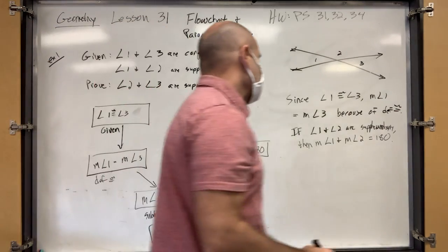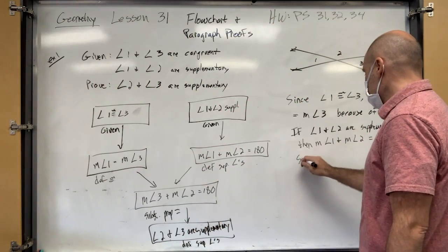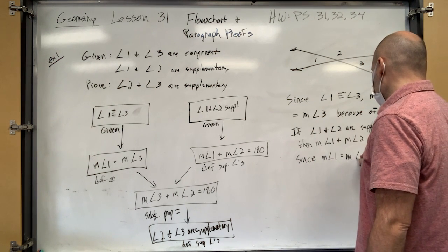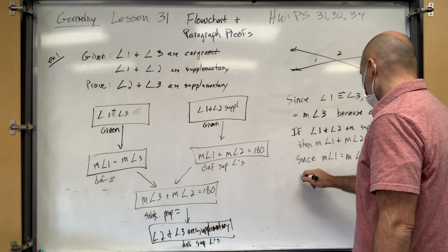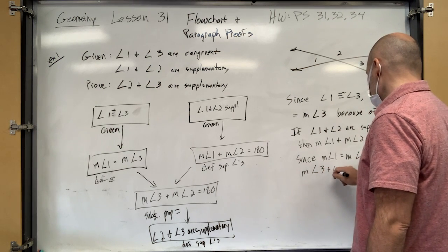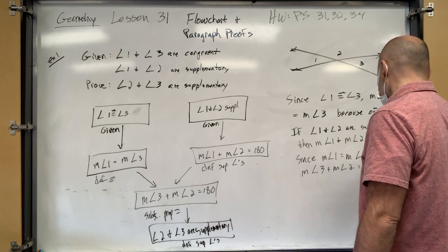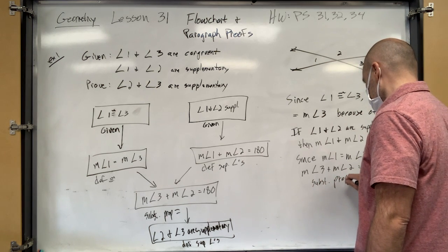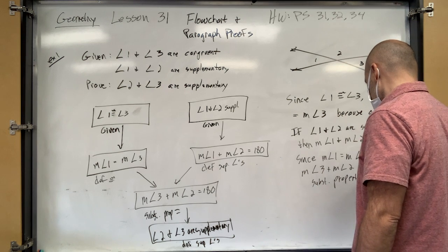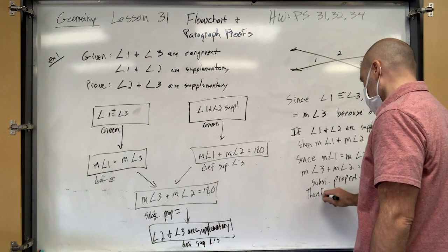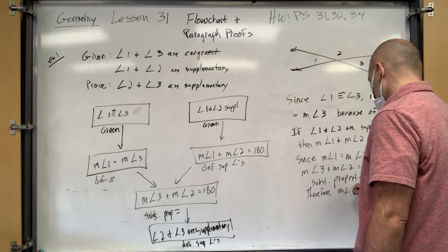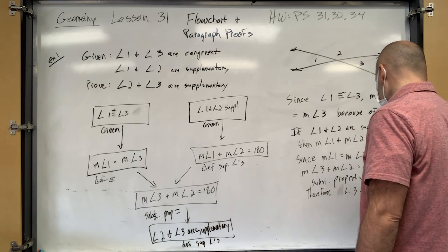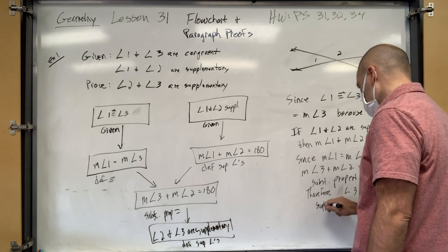Okay? And then I can say, since measure of angle 1 equals measure of angle 3, measure of angle 3 plus measure of angle 2 equals 180 by the substitution property. Therefore, measure of angle 3 and angle 2 are supplementary because of the definition of supplementary.